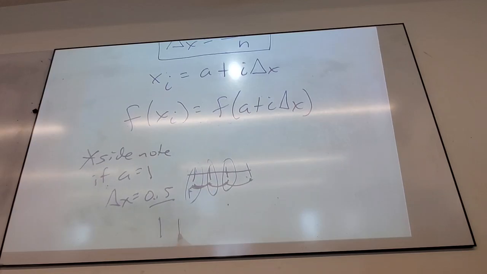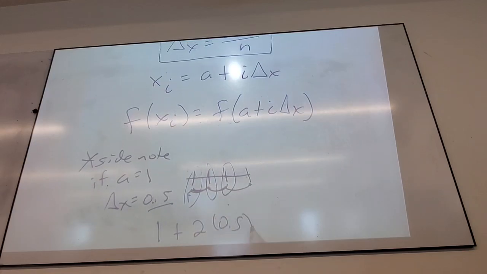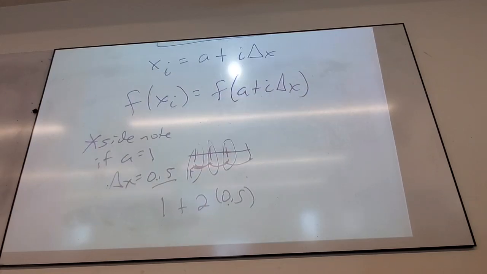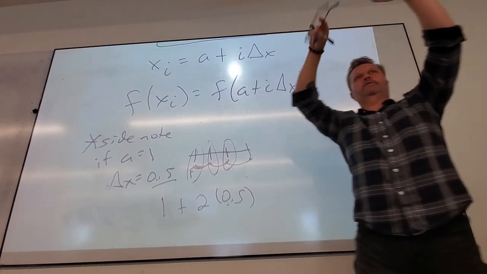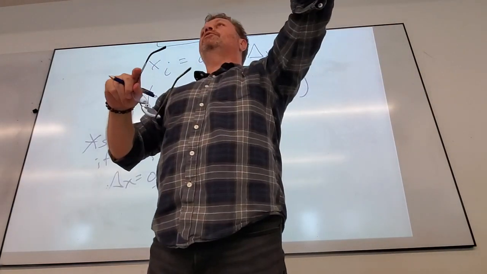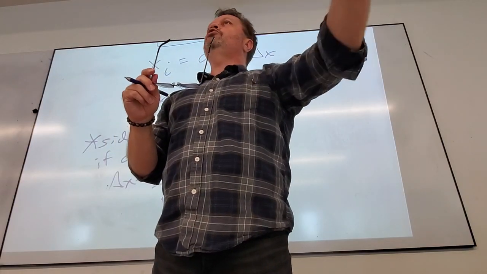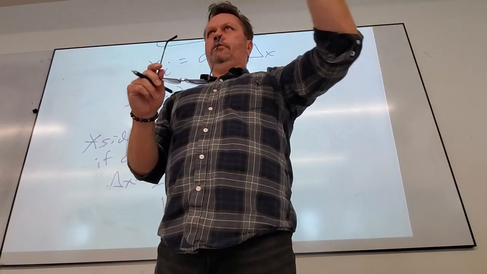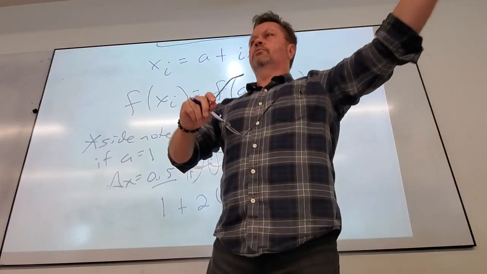So I'm going to do 1 plus 2 of these, to get to the start of the second rectangle, I should say, not triangle, rectangle. So if I start at 1 and I take 2 steps and every step is half big, that's how we got to 2.